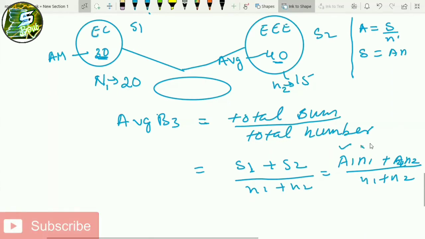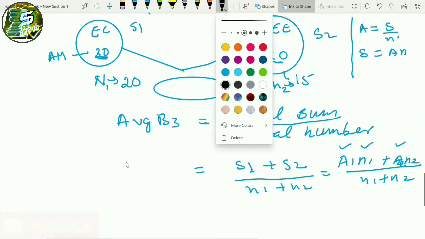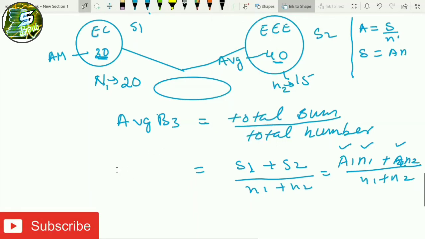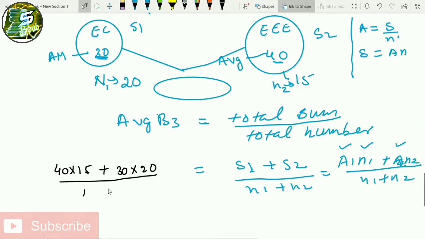N1 is given, N2 is given, A1 is given, A2 is given. When all these data are given, let's substitute the numbers here. The moment I substitute, the first group will be 30 into 20, 40 into 15, whole divided by 15 plus 20. This is one way of doing it.